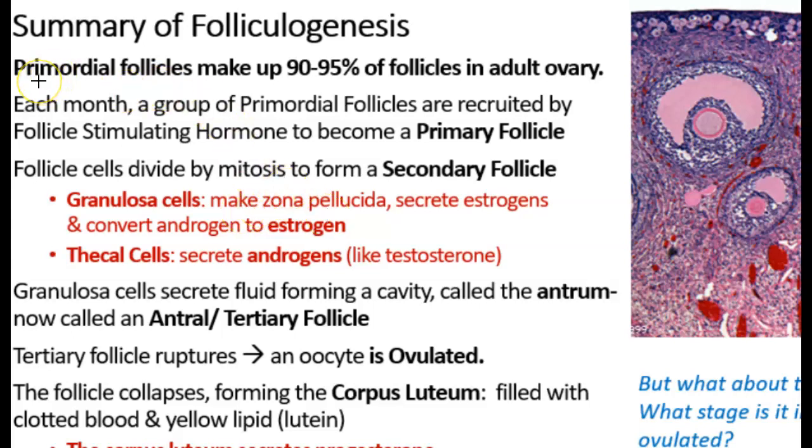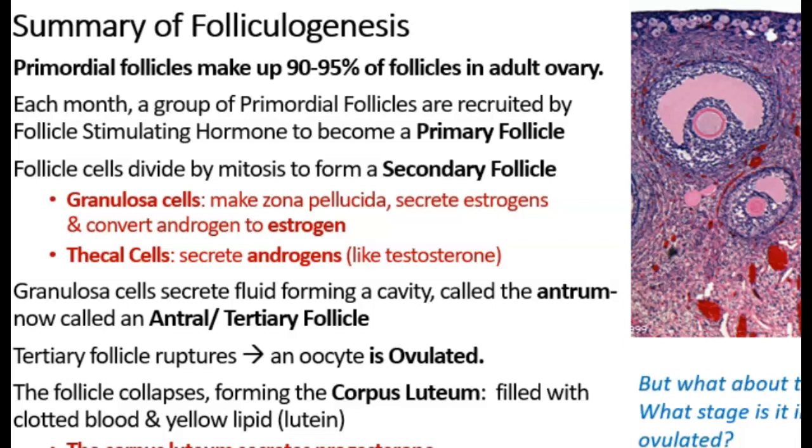Primordial follicles in an adult woman make up about 90 to 95% of all of her follicles. And you can see at the periphery of this ovary how numerous those primordial follicles are. Each month, a group of those are recruited by a hormone called follicle stimulating hormone, FSH, to become primary follicles.